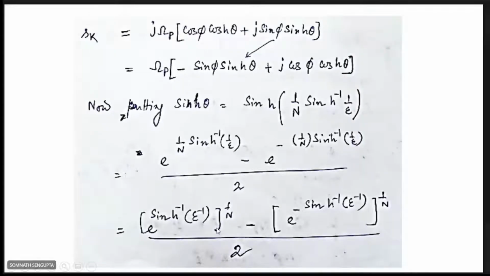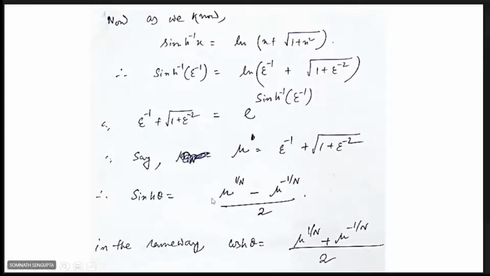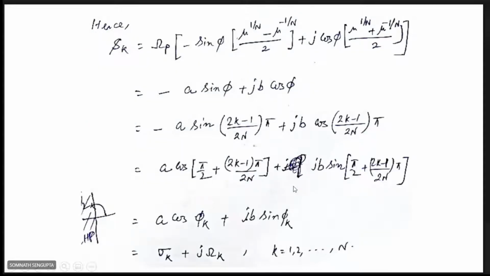Then you will see that there are terms sinh θ and cosh θ, and you will have this term μ, that is μ equal to epsilon inverse plus root over 1 plus epsilon to the power minus 2. Putting all these values, you will see that the pole locations lie on a circle, given by a cos φk plus jb sin φk, which is σk plus jωk.